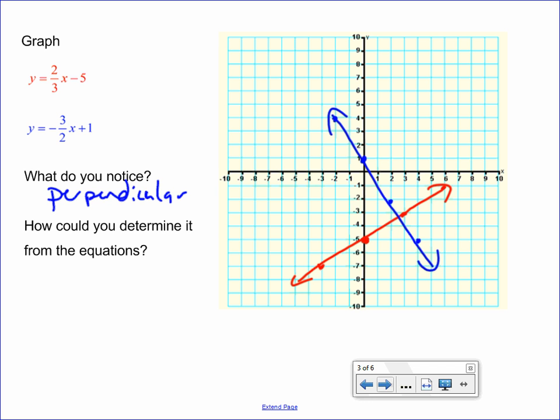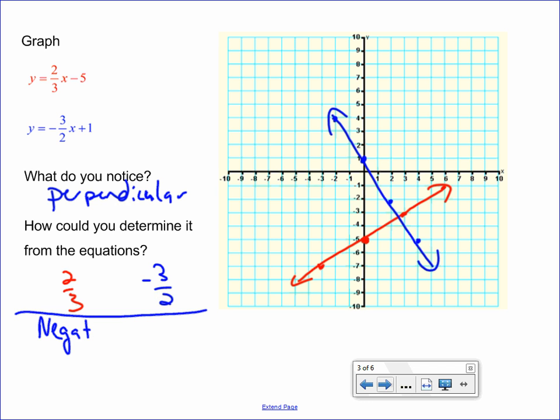So what can we tell by looking at the equations? Well, if you notice, the slopes are related. One of them has a slope of 2/3. The other one has a slope of -3/2. So hopefully we can see that they are negative reciprocals.